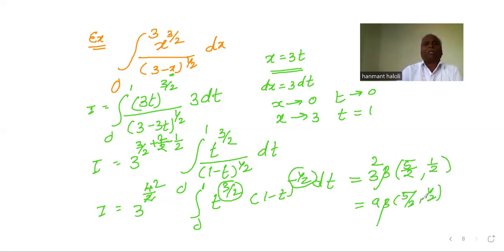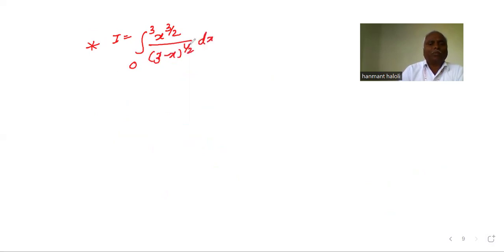This is one of the methods, and I'm solving the same example with a different method in the next slide. Sometimes they ask you to evaluate the integral by using a given substitution: integral 0 to 3, x raised to 3 by 2 upon (3 minus x) raised to 1 by 2 dx, and they mention putting x equal to 3 sine square theta.